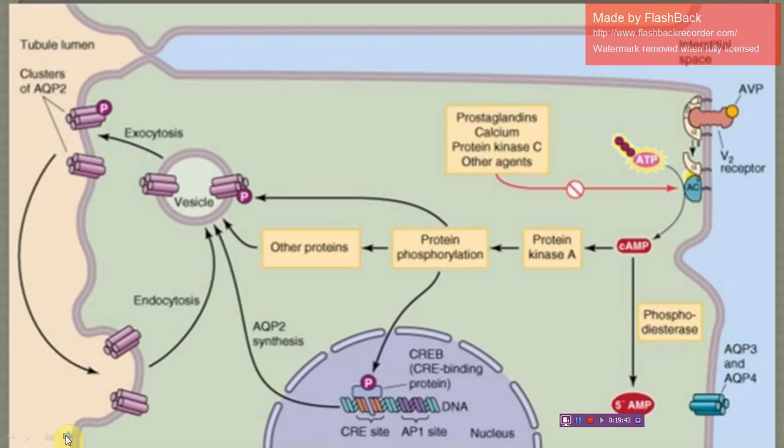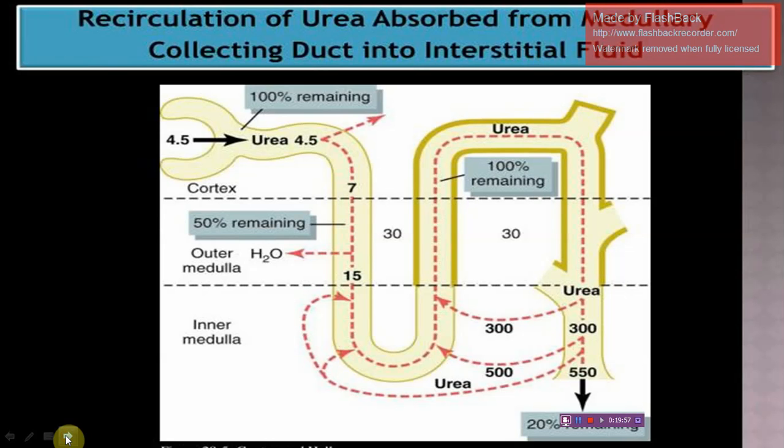It enhances the exocytosis of aquaporin 2 from the vesicles, and it is incorporated into the luminal membrane. Then there is recirculation of urea absorbed from the medullary collecting duct into interstitial fluid. As I have already mentioned, the mechanism is shown here.